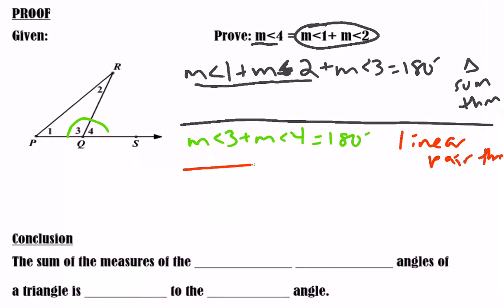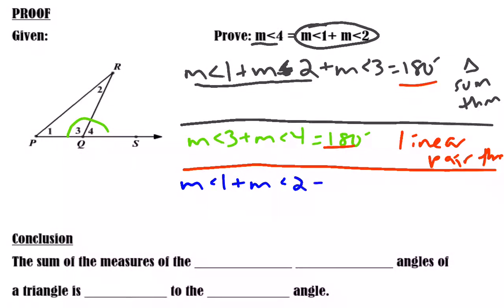Now you look and they both are equal to 180, so what property can I use? I can use the transitive property: measure of angle 1 plus measure of angle 2 plus measure of angle 3 equals measure of angle 3 plus measure of angle 4. And I'm almost there.